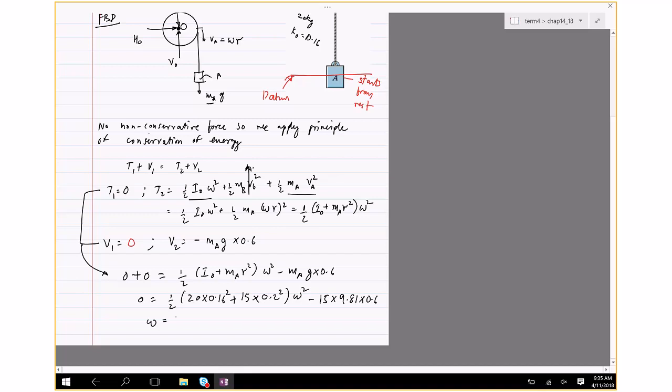So solving for omega to get, I think I got 12.5.